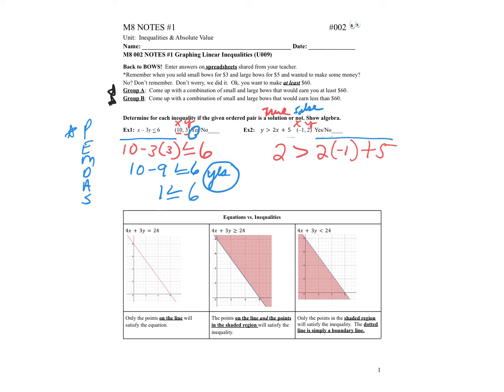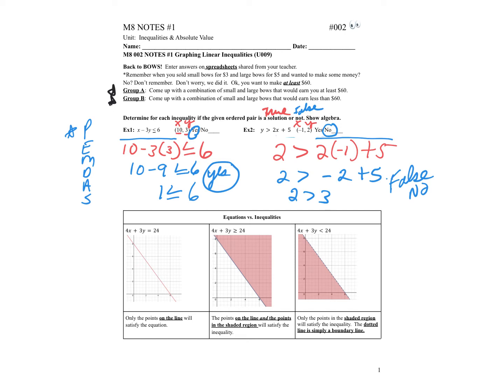So 2 times -1 is -2, plus 5. So we have 2 is greater than -2 plus 5. Simplify a little further. Is 2 greater than 3? Well, that's false. So that is a no, because that does not work. It is not a solution.